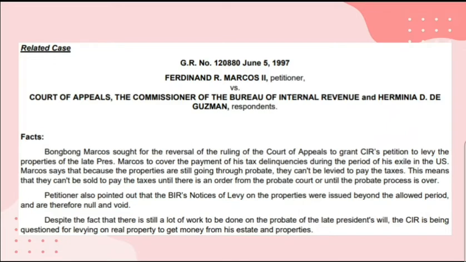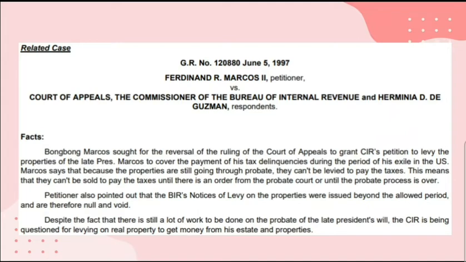This means they can't be sold to pay the taxes until the probate court issues an order or the probate procedure is completed. The BIR's notices of levy on the properties were also issued beyond the authorized period, making them null and illegal, according to the petitioner.